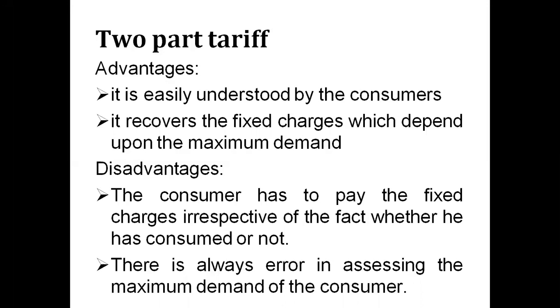But the disadvantages are that the consumers have to pay the fixed charges irrespective of whether they have consumed energy or not, because it depends upon the maximum demand. And the second one is that there is always an error in assessing the maximum demand of the consumer. So these are the advantages and the disadvantages of the two-part tariff.